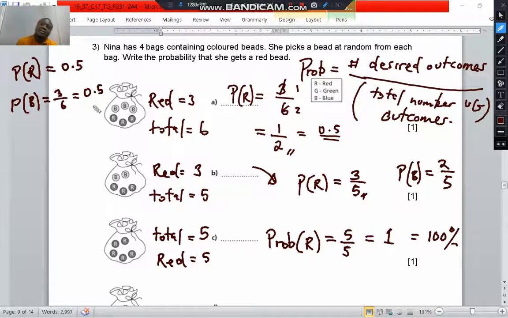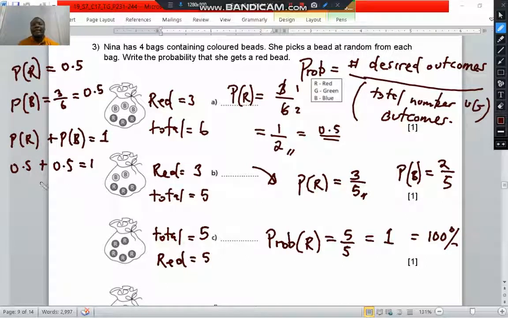There are only 2 probabilities in this question. If we add the probability of red plus the probability of blue, we should get 1. Let's confirm that: 0.5 plus 0.5, we are getting a 1. What is this saying? This means that all probabilities, when they are added together, can only get up to 1. In any case that you find, they will always add up to 1.